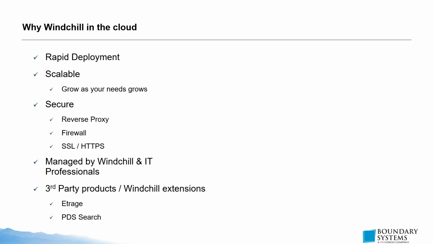Some of the ones that we have, we've got ETRAJ. ETRAJ is one of the tools that basically converts your CAD models and drawings into PDF and pushes those PDFs out to a viewer, a standalone viewer system, or pushes that PDF back into the Windchill system.